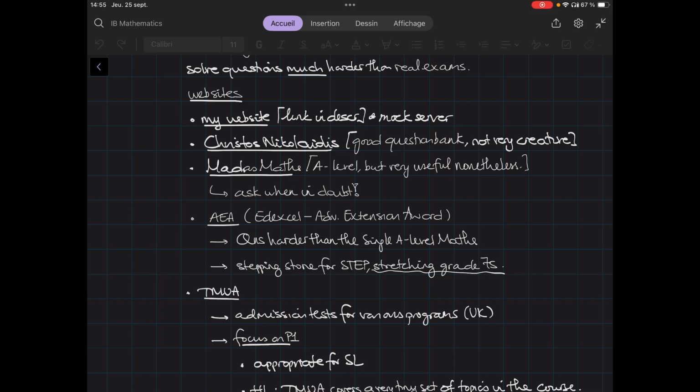The next tier of question would be the AEA, or the Advanced Extension Award. This is probably not as well known. The questions are harder than what you would normally find on an A-level exam. It is usually considered a stepping stone to STEP, and it would definitely stretch the grade 7s.